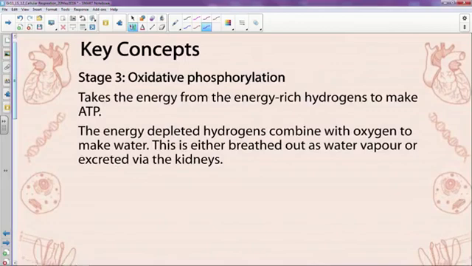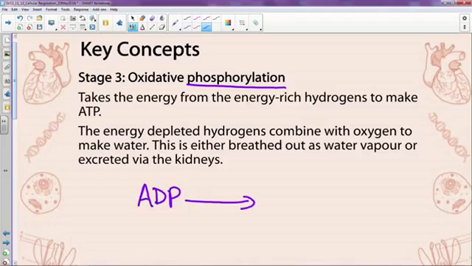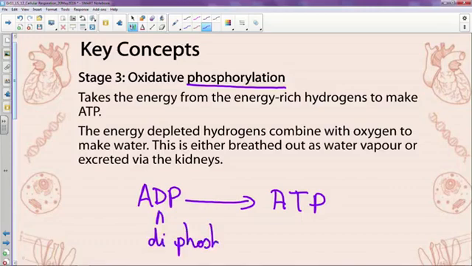Oxidative phosphorylation: the word phosphorylation simply means the addition of a phosphate molecule. And how does that happen? If you remember, we've got ADP, and ADP needs to be converted to ATP. ADP stands for adenosine diphosphate. So here we've got a molecule that has two phosphate molecules.